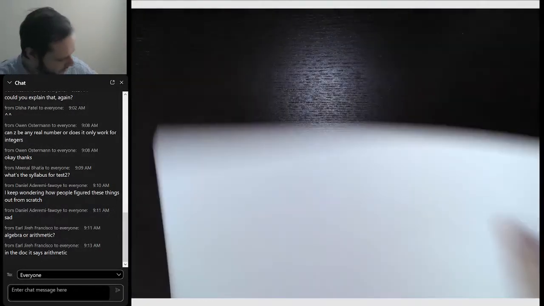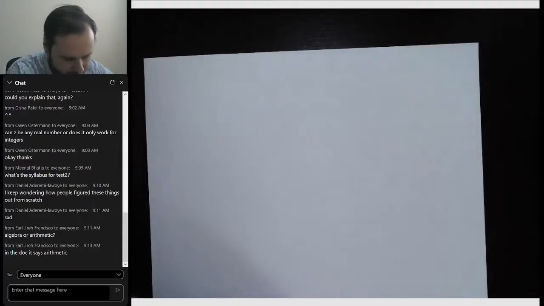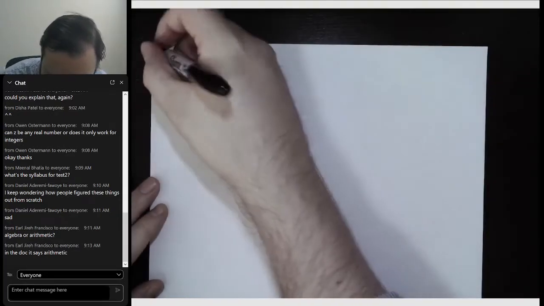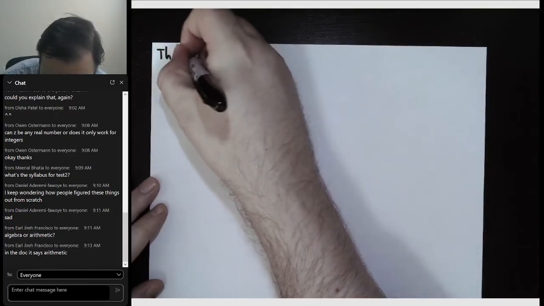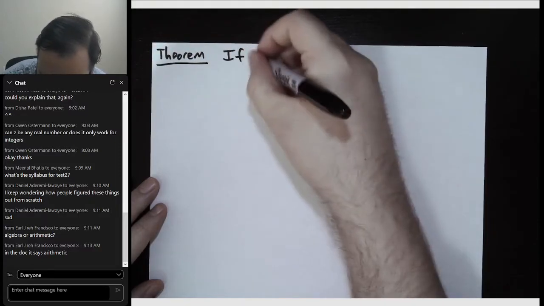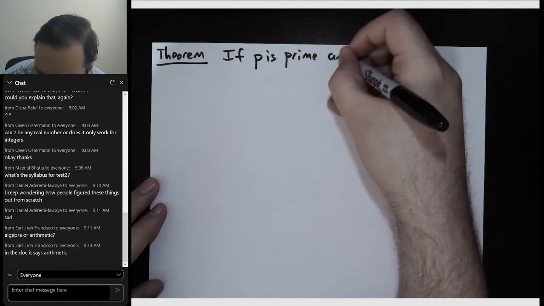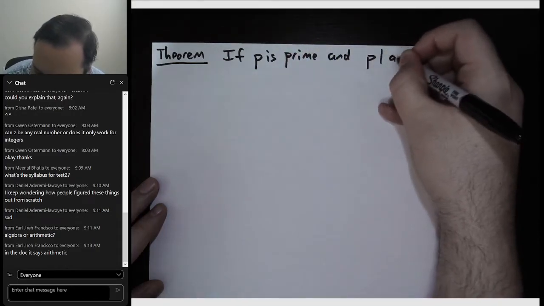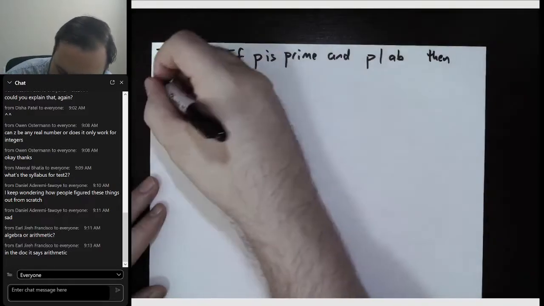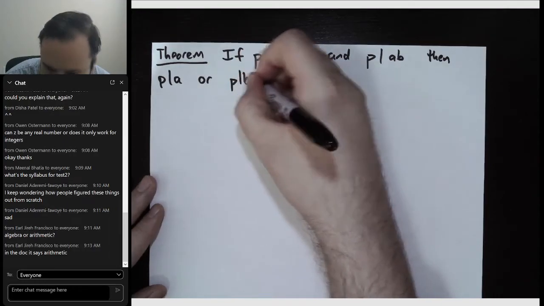So here's a theorem, a pretty useful theorem. If p is prime and p divides a times b, then either p divides a or p divides b.